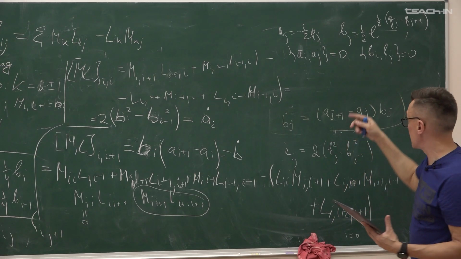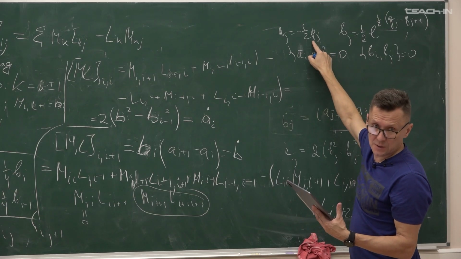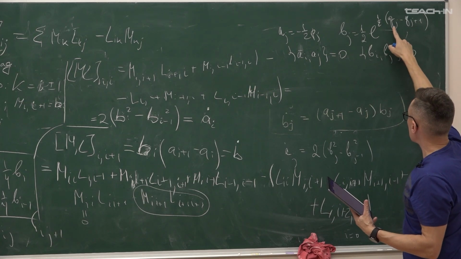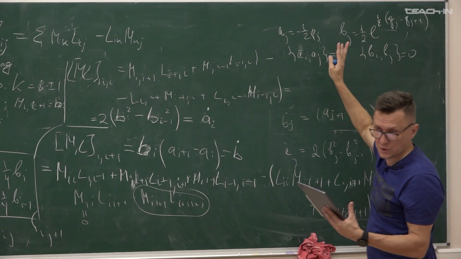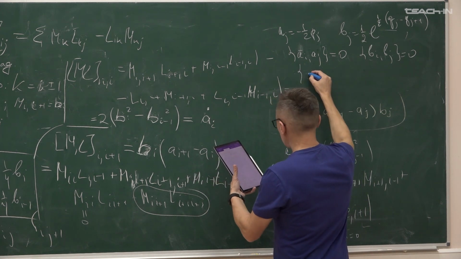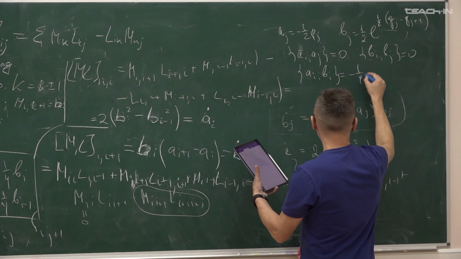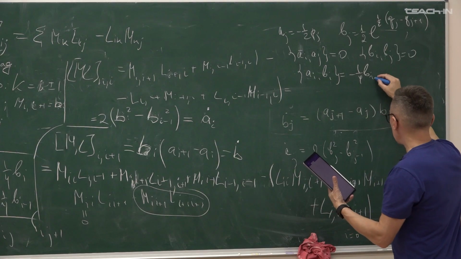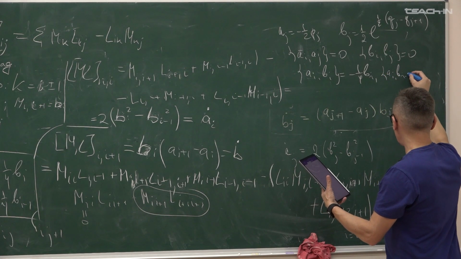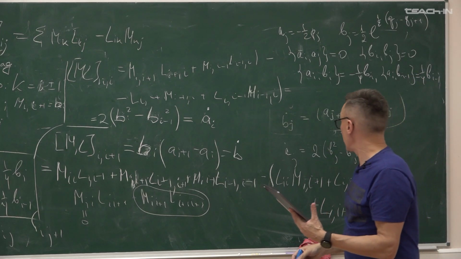Yes, because A depends only on P and all P's commute, B depends only on Q and all Q's commute. But we have non-trivial Poisson brackets: {A_i, B_i} is minus 1 over 4 B_i, and {A_i, B_{i-1}} is 1 over 4 B_{i-1}.